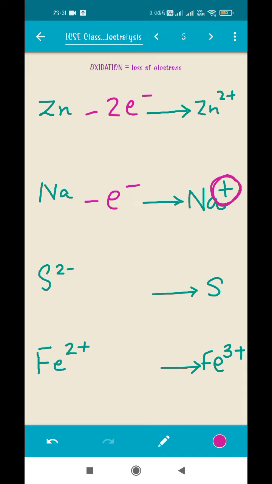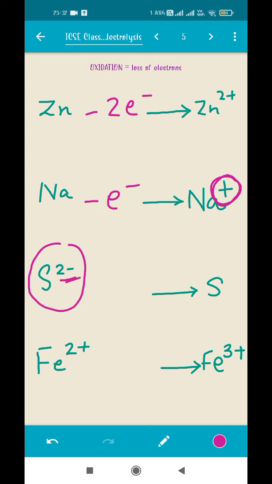Next, we have S2-. It is an anion, and it is converting into an atom. How does it happen? When does an anion form? When there are extra electrons in it, when it gains electrons, isn't it? That means S2- has 2 extra electrons.